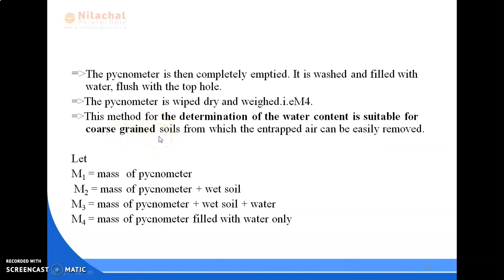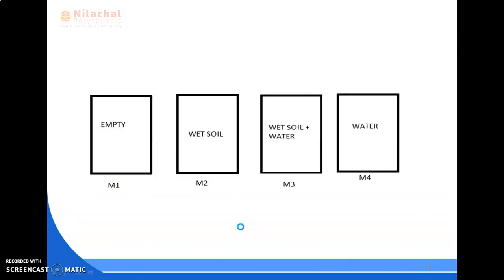Basically, this method is preferable to find out the water content of coarse grained soils from which the entrapped air can be easily removed. So, let M1 equal the mass of pycnometer, M2 equal the mass of pycnometer plus wet soil, M3 equal the mass of pycnometer plus wet soil plus water, M4 equal the mass of pycnometer filled with water only, as shown in this figure.